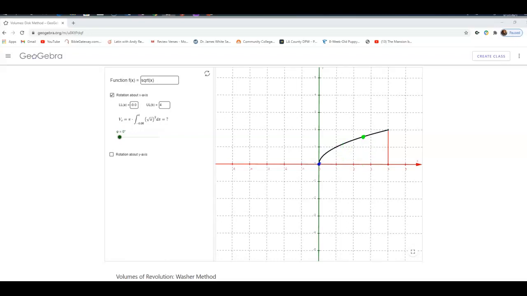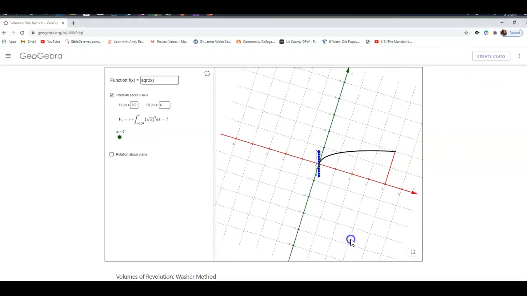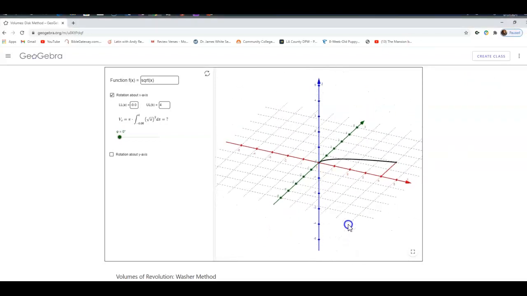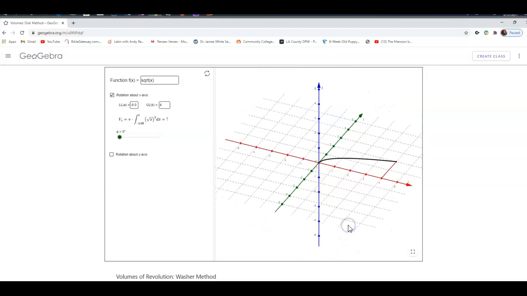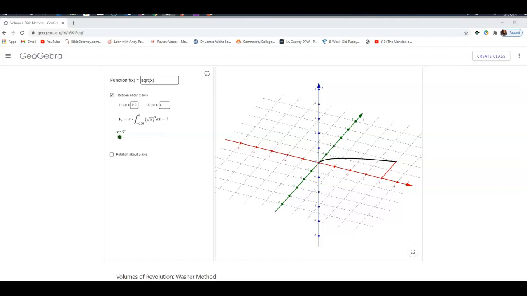Okay, so let's keep that in mind. Now we're going to do something that we did before, and we're going to take this two-dimensional image into a three-dimensional viewing. So I'm going to take it and rotate it here. And now we're looking at a three-dimensional graph, right? Now, this length right here, which I told you was the square root of x, I want to pretend that that is the radius of a circle.